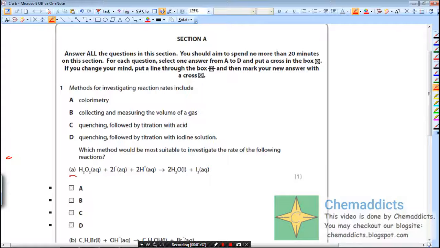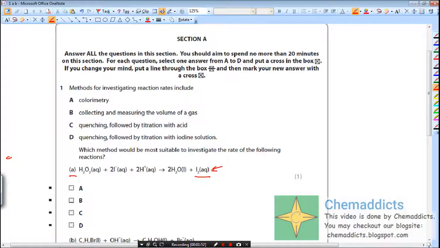So as you can see, here one of the products is iodine. Since iodine is present in aqueous form, iodine is dissolved in water.